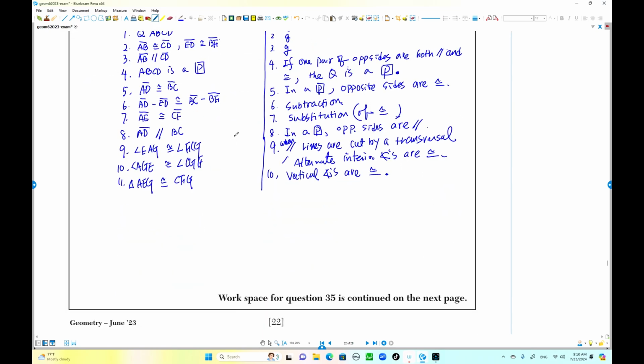The reason is angle-side-angle. This one you can use either way, it depends on teachers. Some use ASA, just angle-side-angle. That's it.